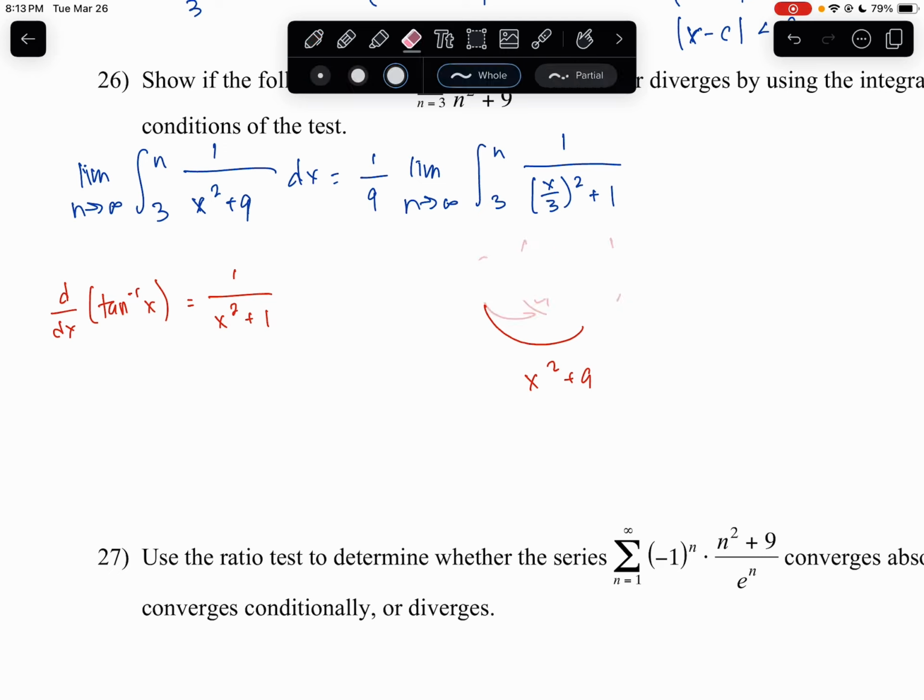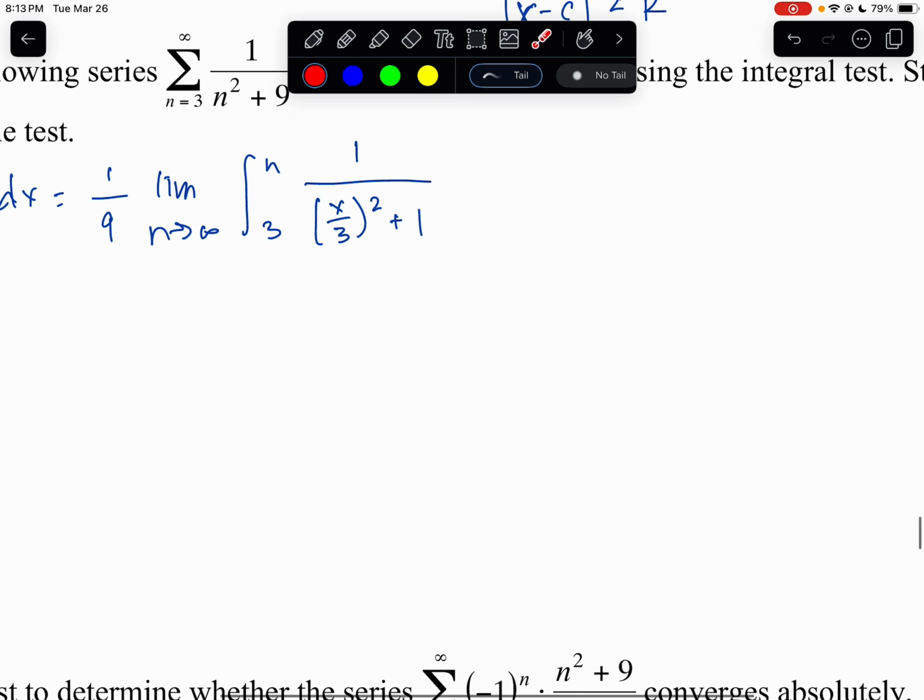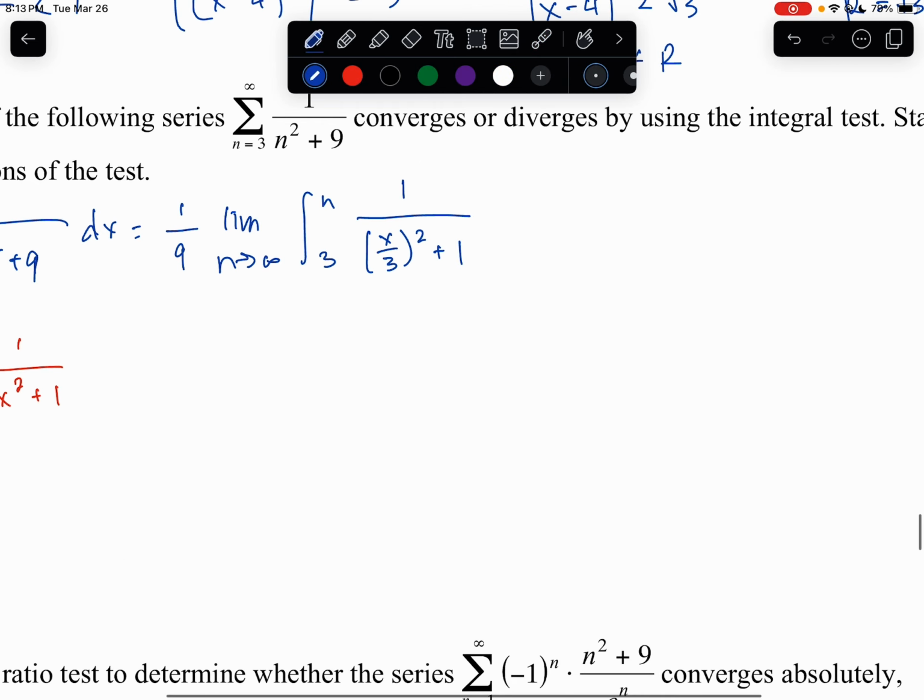Okay? So the reason why I write it like that, though, is because this has a coefficient of 1/3, which means that's going to be my chain rule. My chain rule is 1/3. Okay? So I get 1/9 times the limit as n approaches infinity. The antiderivative of this is going to be tangent inverse of x over 3.